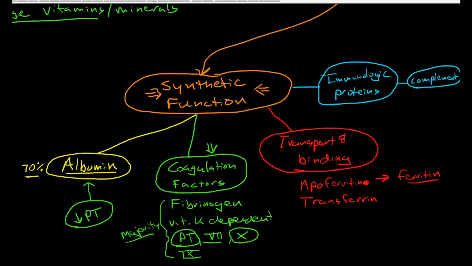So if you have a patient with liver failure that has a significantly elevated INR, you can also expect that they're going to have impaired albumin, they're going to have issues with transport and binding proteins, and they're going to have loss of immunologic proteins. So they're going to be essentially immunosuppressed, right? So keep that in mind, that we don't measure PT in patients with hepatic failure just because we're concerned about their bleeding. We are looking at it as a marker for all of the synthetic function of the liver.